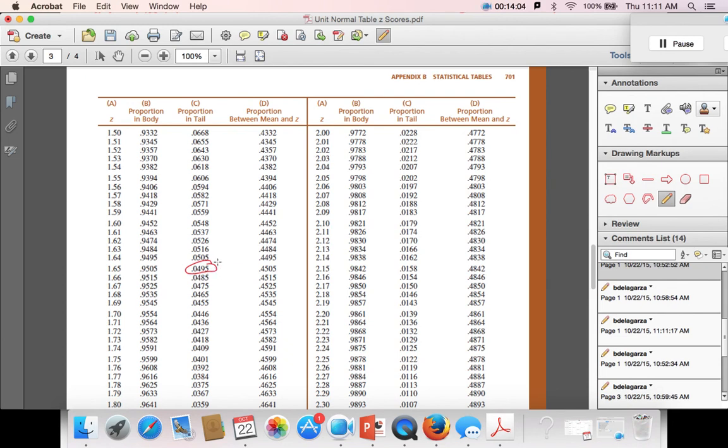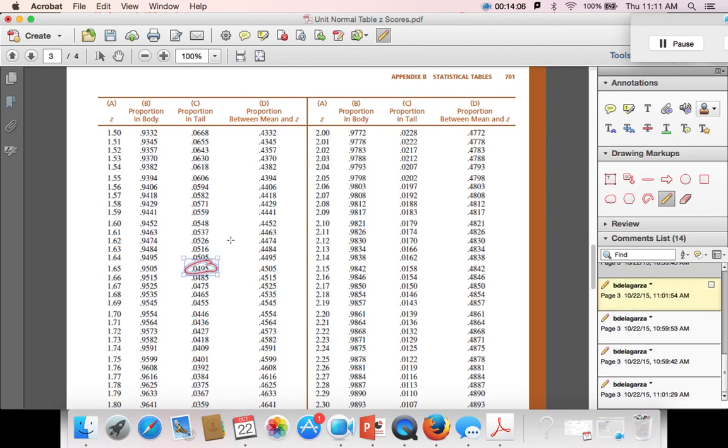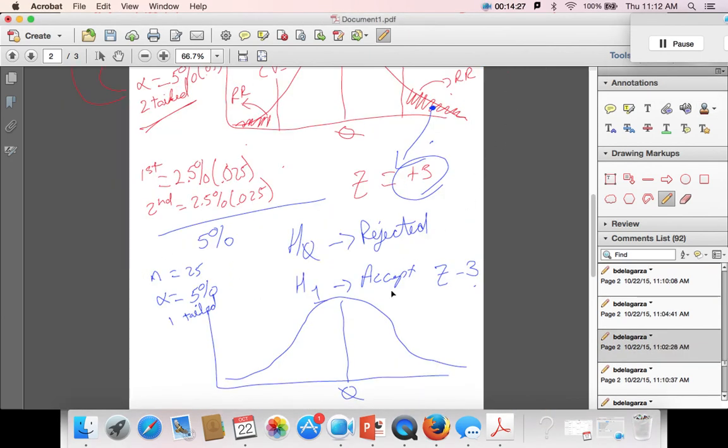So in this particular case, I'm identifying that I have a 5% alpha level, and this is my critical value for that one single tail. This is okay for me to look at now because I'm not assuming that there is another tail. I'm only assuming that there is one single tail here. So now that I'm looking at this one single tail, I've identified that my critical value should be equal to 1.65.